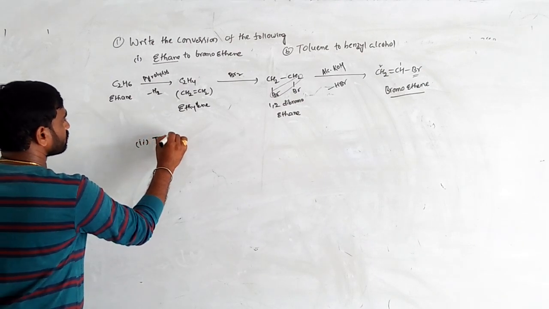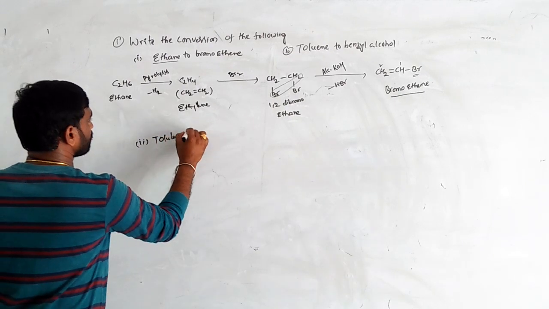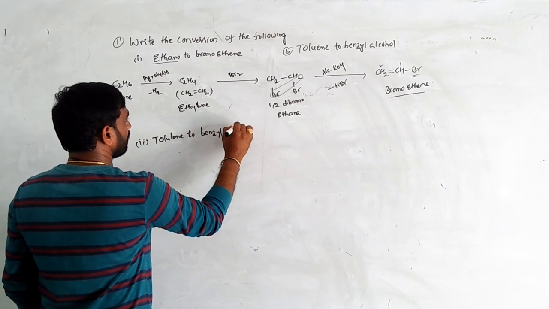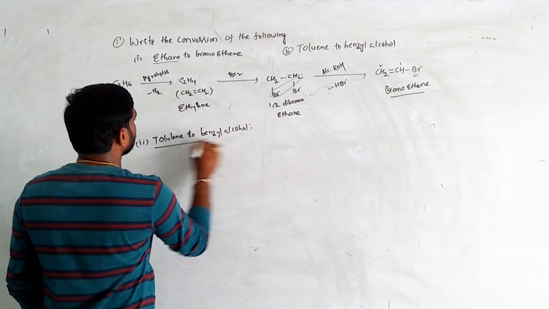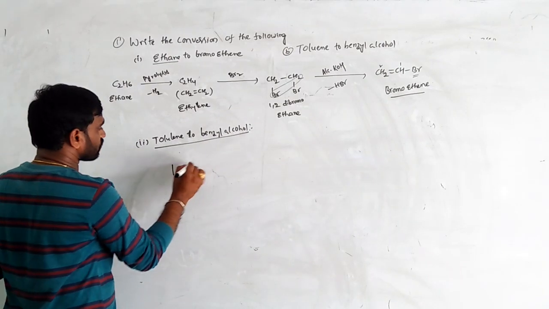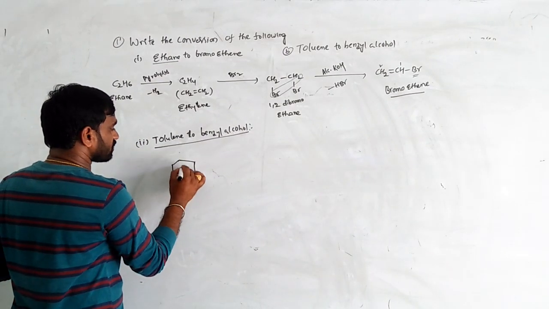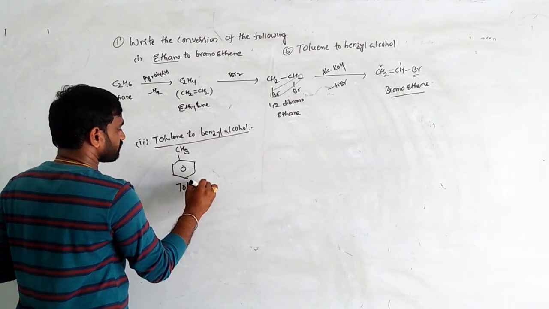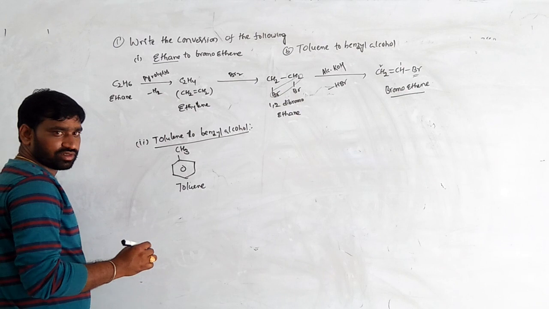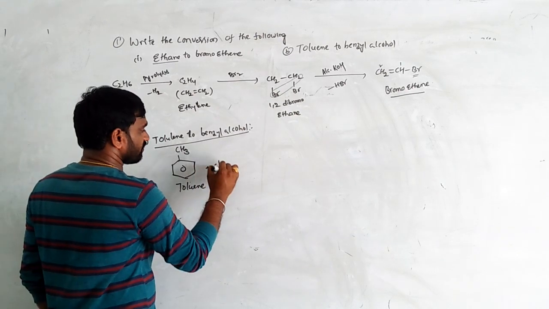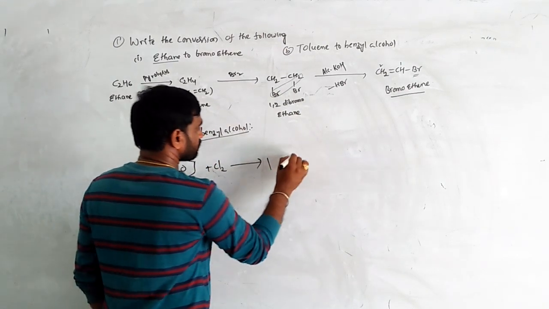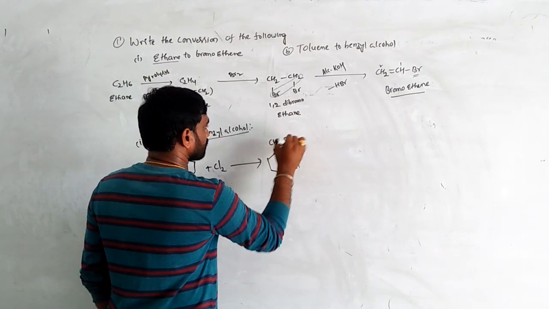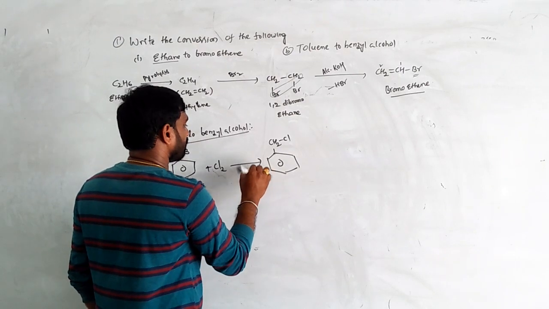Second case, toluene to benzyl alcohol. What is toluene? Benzene attached to CH3, methyl benzene or toluene. It is treated with chlorine to form benzene attached to CH2Cl, with removal of HCl.